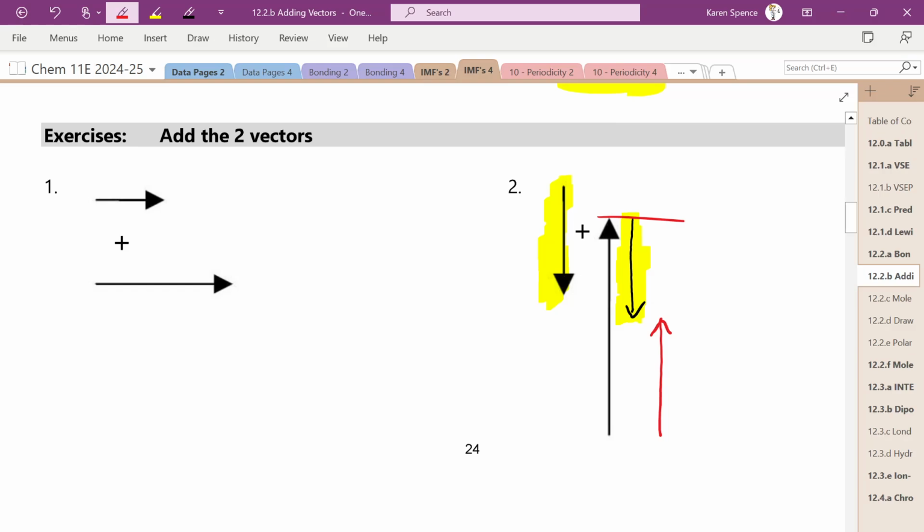Is that good? Okay, and then this one here, I'm going to take this one and move it over here. So my net vector would be this. Yes? Okay.